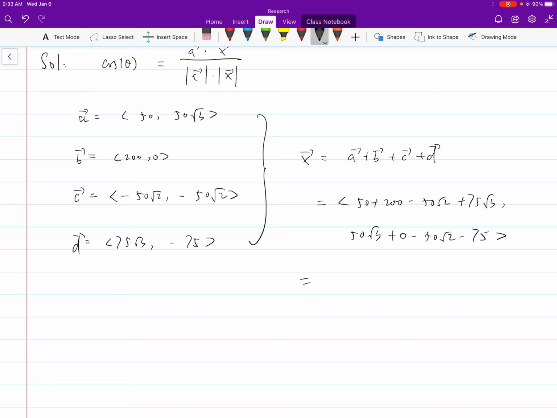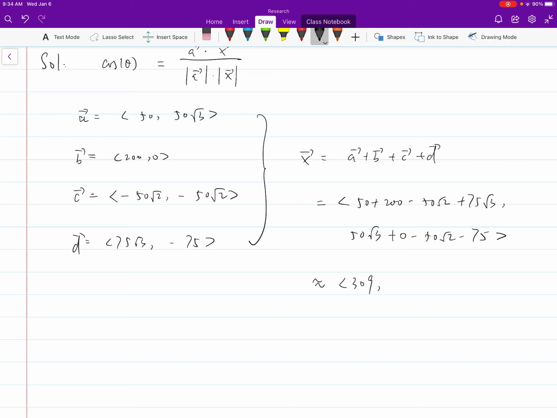All right, we will use a calculator to make our life easier. So the first one is roughly 309.